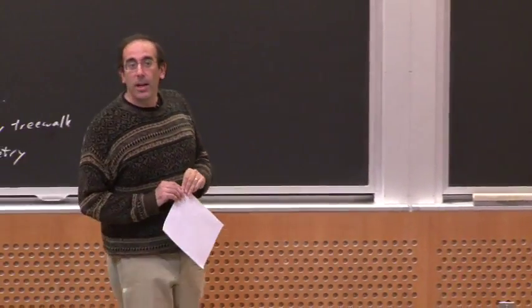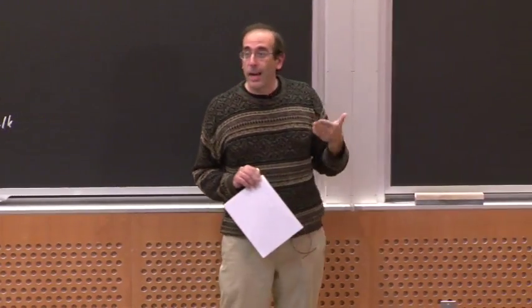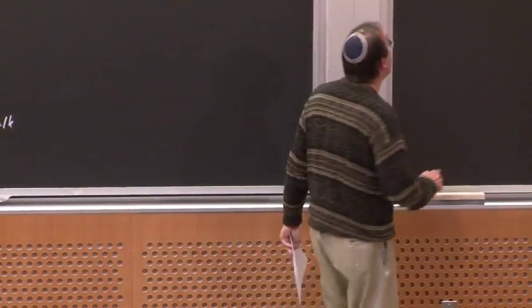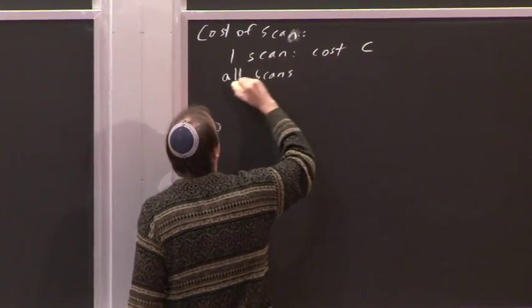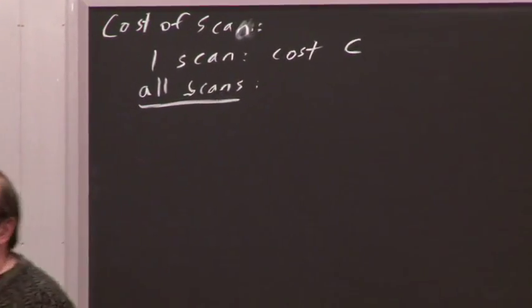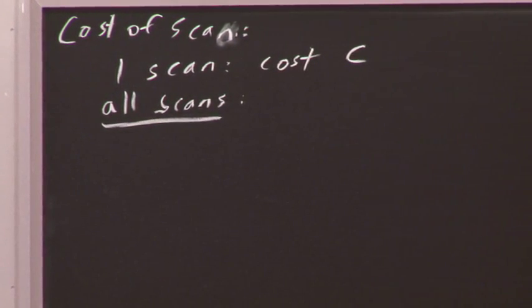Right? Now, there's another way to argue this, which will actually be convenient for later. What can I say about the cost of all the scans together? One way to talk about the cost of all the scans is to say that I'm going to do n scans, and each of them has cost C. So that's a cost of nC. But I can make a more direct argument if I'm thinking about all of the scans together.